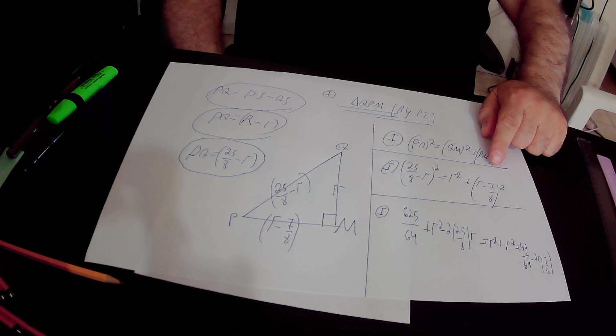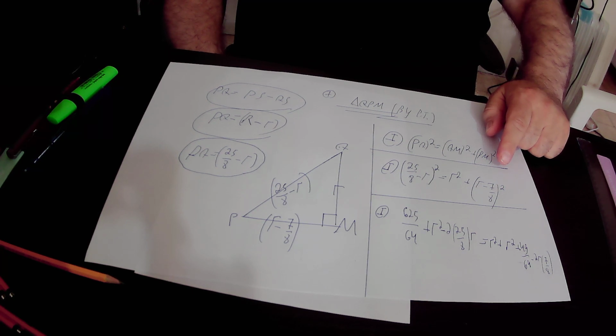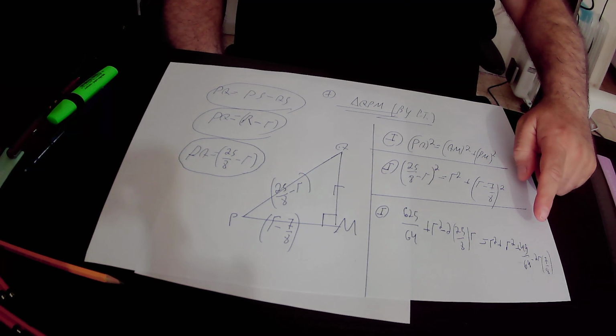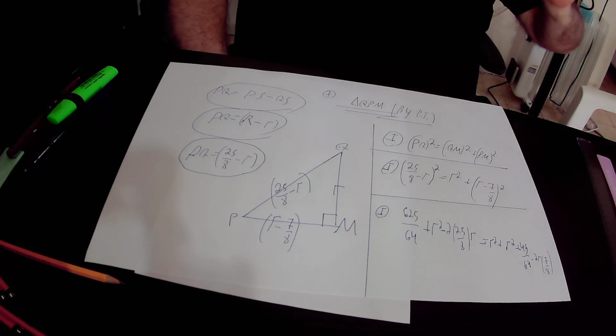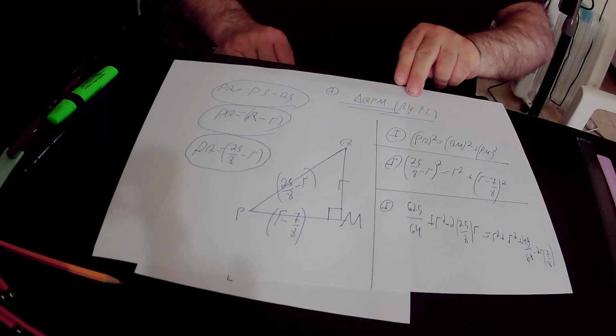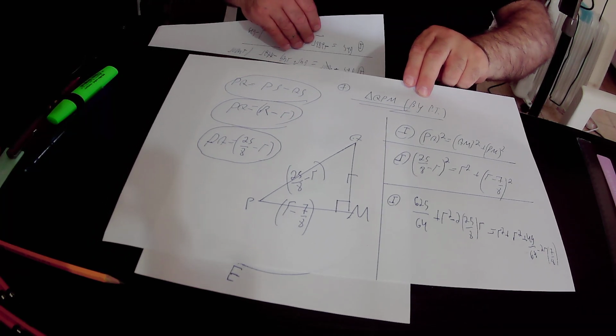On the other side of the equation, we have r minus 7/8 squared, that is r squared plus 7/8 squared, that is 49 over 64, minus 2 times r times 7/8.